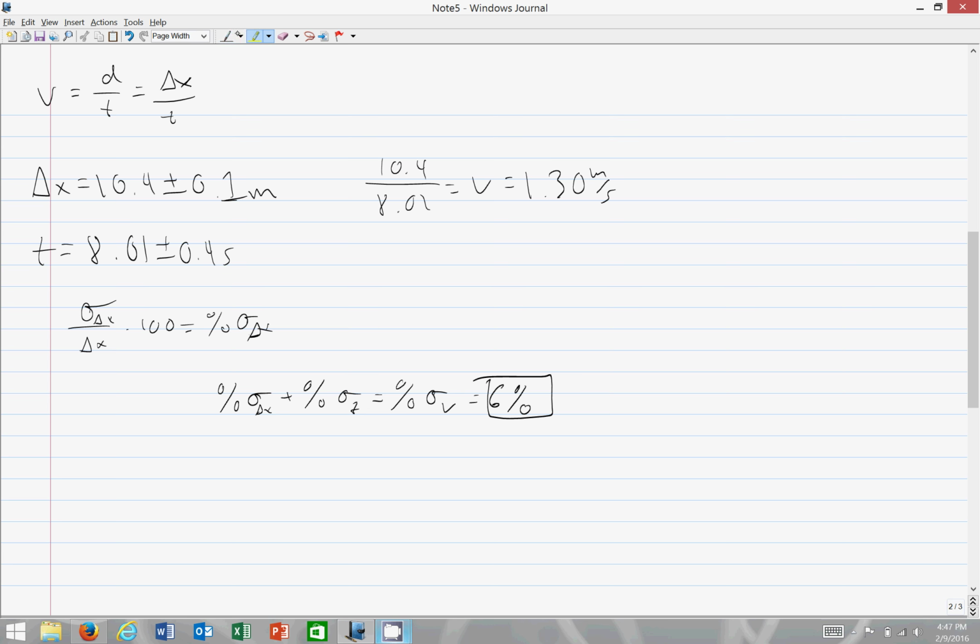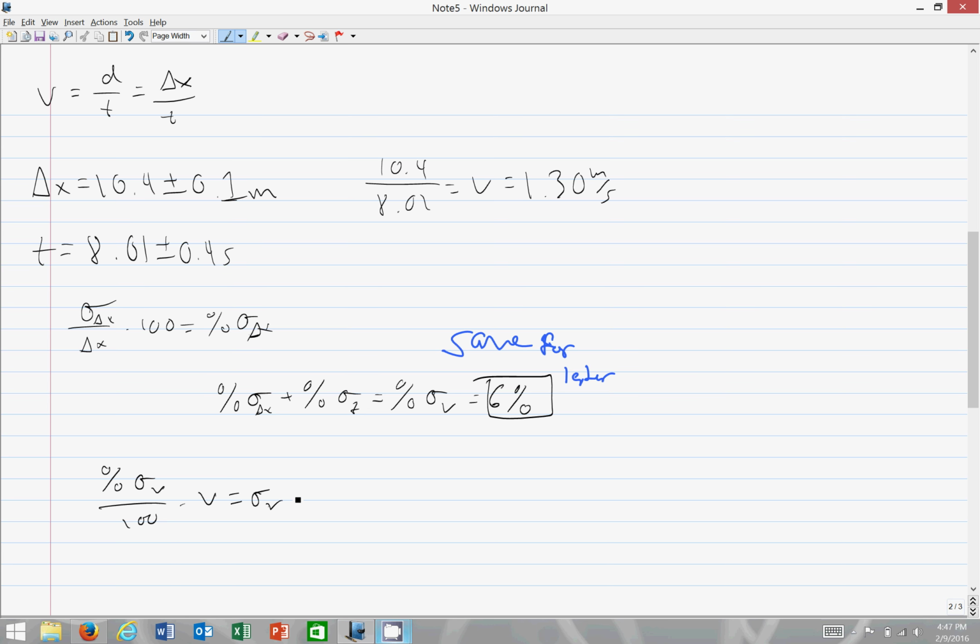Let's see, I'm going to grab my little pen here. Save for later. So I'm going to keep that 6% in mind. But for now, I'm going to take that 6% and divide by 100, just like I showed earlier. My percent uncertainty of v divided by 100 times my v is equal to my absolute error on the v.